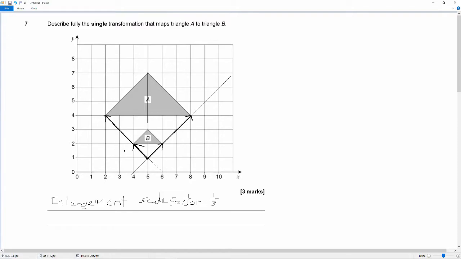Actually, I will put the other one in just for thoroughness. And then the other vector would have gone to here.